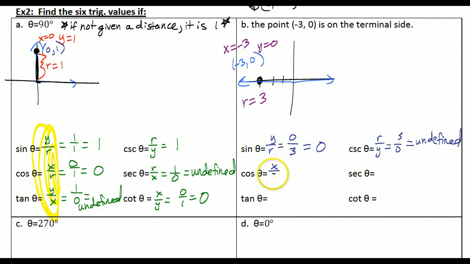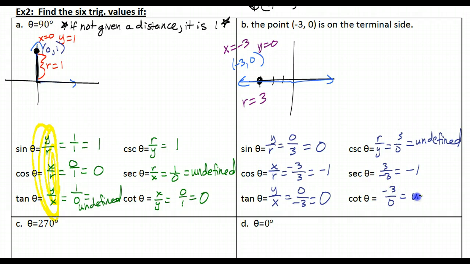Cosine is x over r. X is -3, r is 3. That is equal to -1 for cosine there. And the reciprocal of that is -1 still for secant. Tangent is y over x. Y is 0, x is -3, 0 over -3 is 0, and when I flip it for cotangent, I end up with undefined.